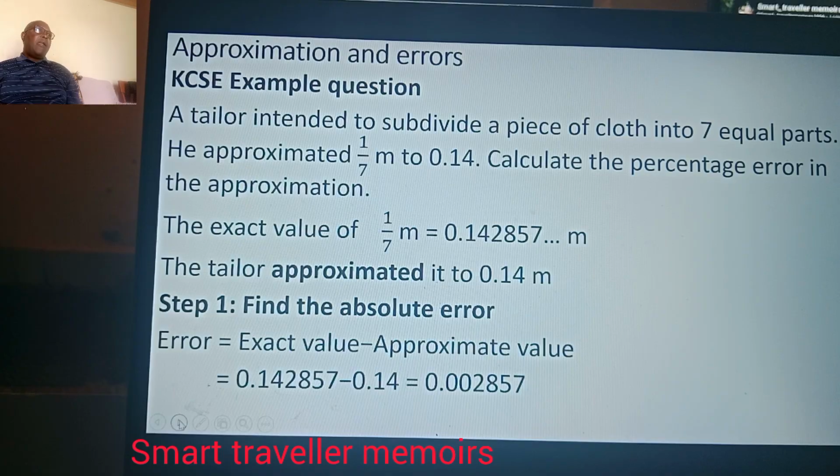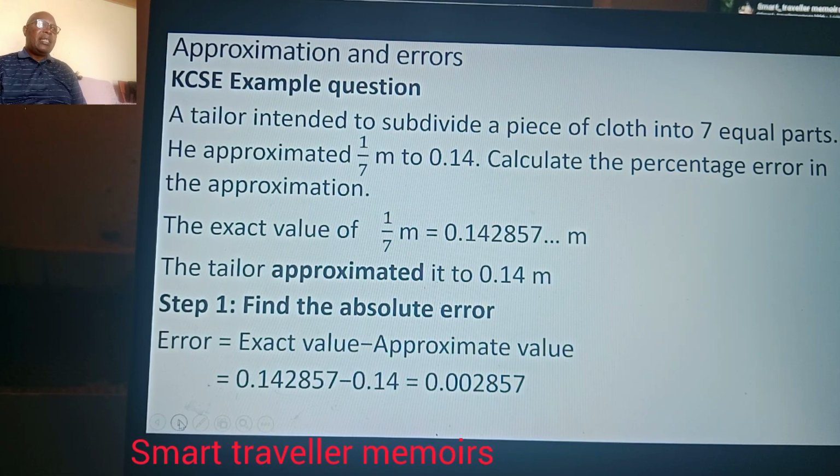Now, let's take an example of a KCSE or a Kenyan mathematics final examination question. A tailor intended to subdivide a piece of cloth into 7 equal parts. He approximated 1/7 meters to 0.14.